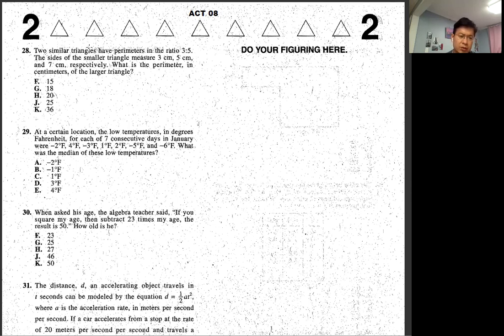Two similar triangle. Okay. Side, smaller one. Measure this. What is perimeter? So 3 plus 5 plus 7 is 15, so perimeter to another perimeter is 3 to 5. Okay, so cross multiplying, so x is 25.